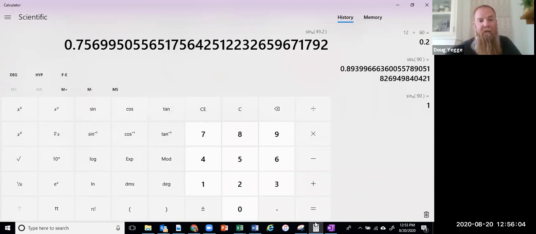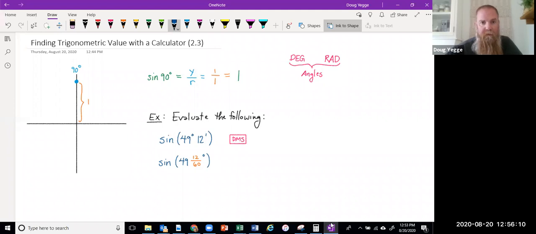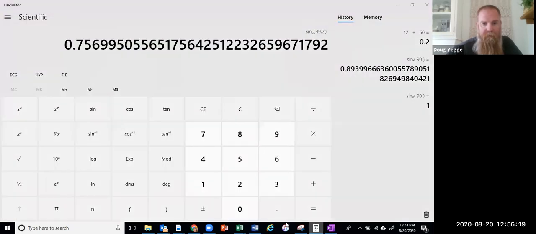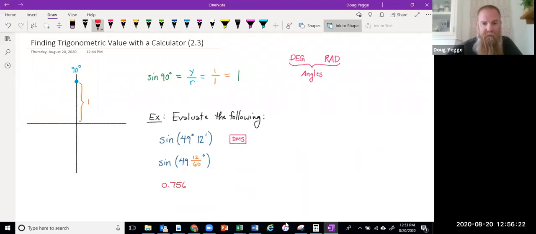So it would be 0.756995, and if I wanted to round that to the nearest thousandth, I could say that this is approximately equal to 0.757. Okay, so that's how to deal with degrees, minutes, and seconds.